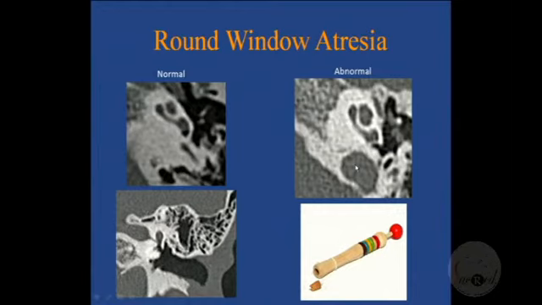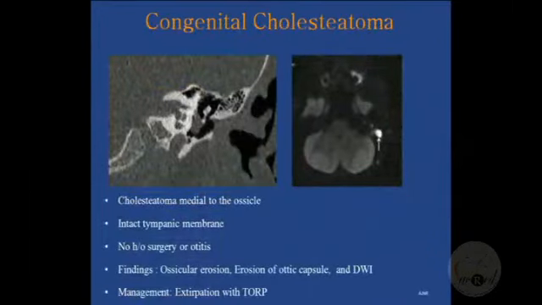I just want to briefly comment on the congenital cholesteatoma, which is actually not a malformation. Cholesteatomas are keratin depositions from epithelial rests which enter the middle ear. That could occur in two ways: either a perforated tympanic membrane, or surgical intervention where the surgeons dropped some cells into the middle ear.